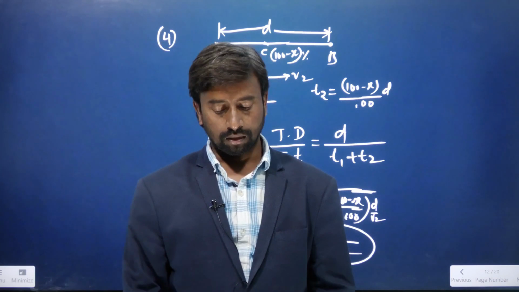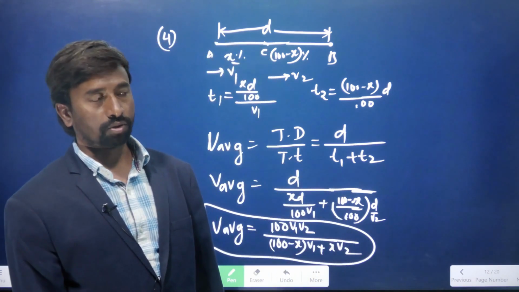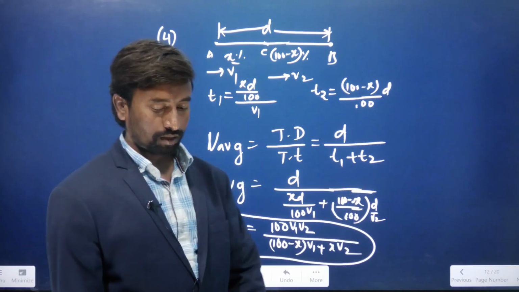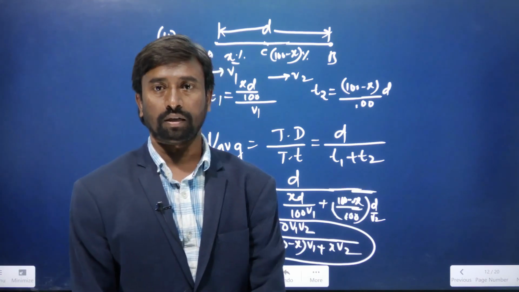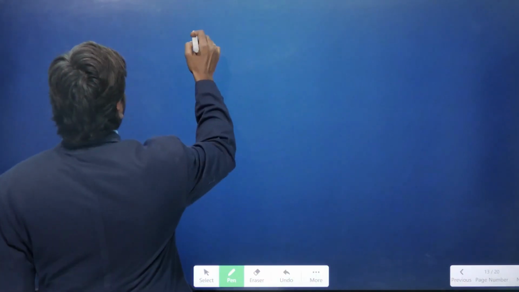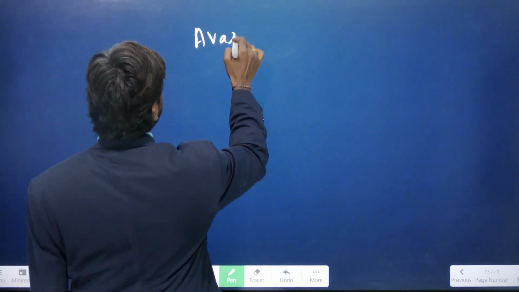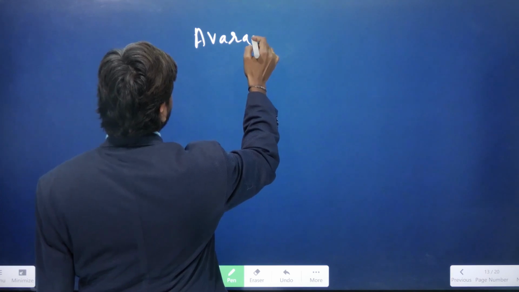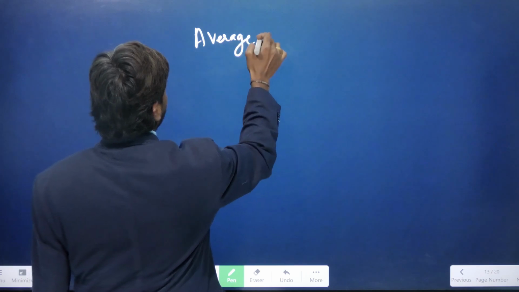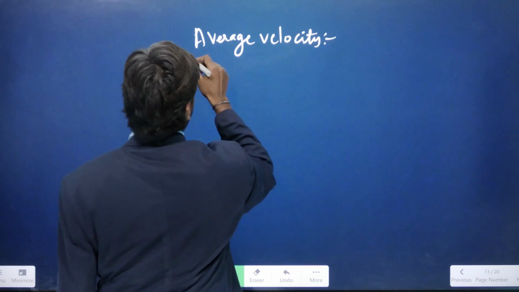In average velocity, we have one more formula, in terms of a body moving with an initial velocity and a final velocity. Average velocity in terms of the velocities of a body, initial velocity and final velocity.